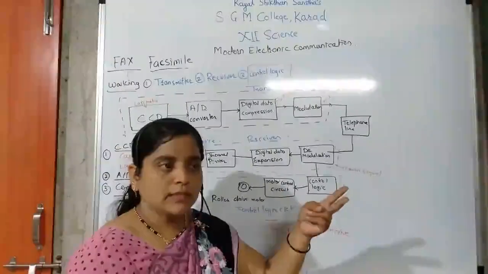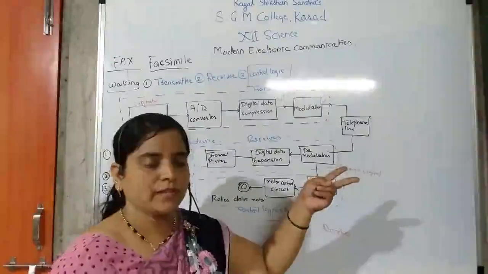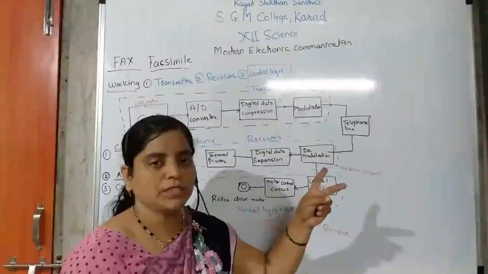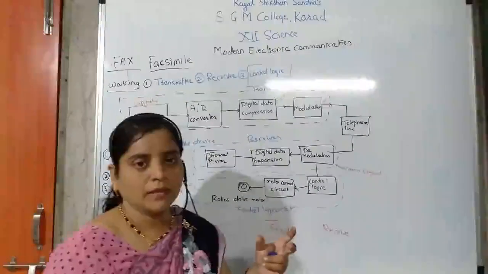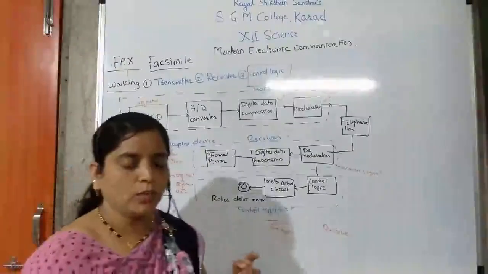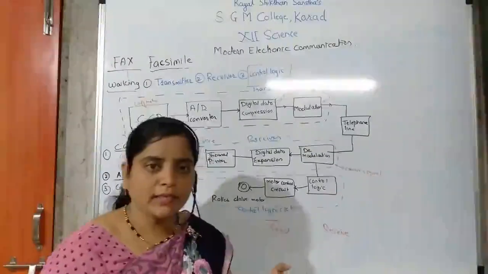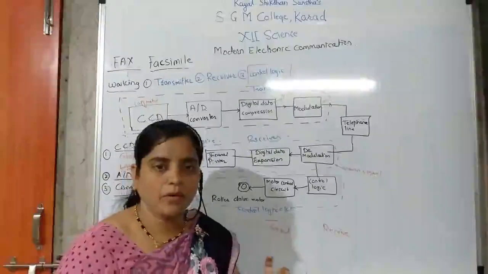If you call the next fax machine, that is the called machine. The called machine compares with the calling tones whether we have started the fax at the same time or not.